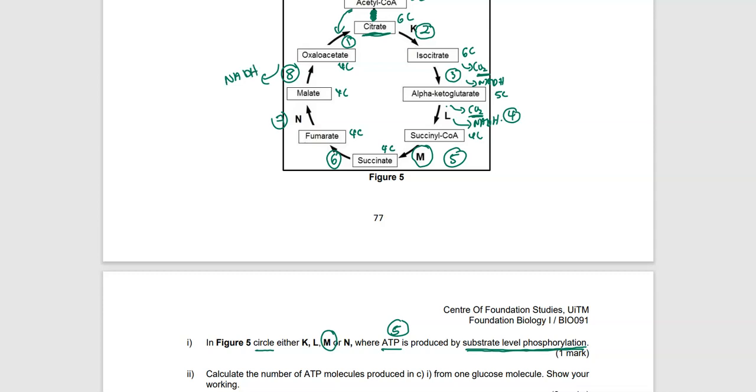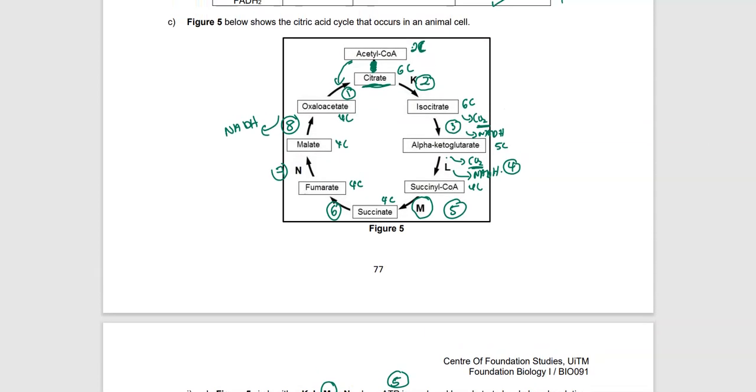So for one complete cycle of the citric acid cycle, it produces 1 ATP, produced here, 3 NADH, and another important product, which is FADH2.